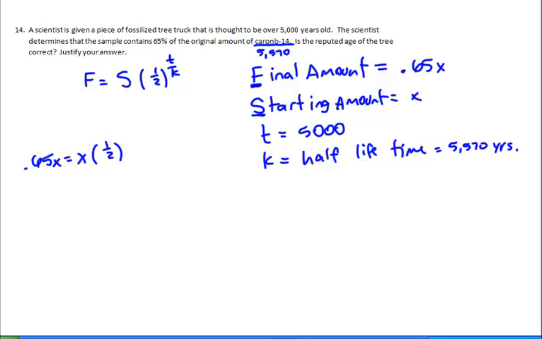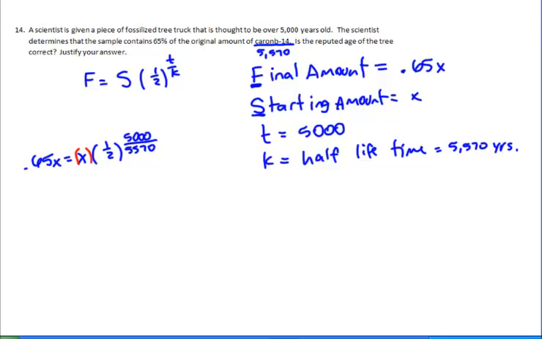And the time, we're told, is 5,000 years, divided by the half-life, 5,570. So this is x times 1/2 to the 5,000 divided by 5,570.